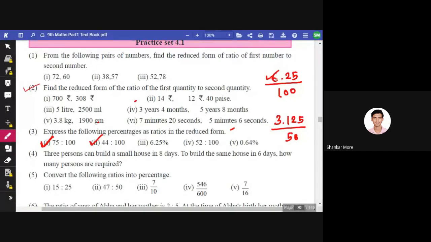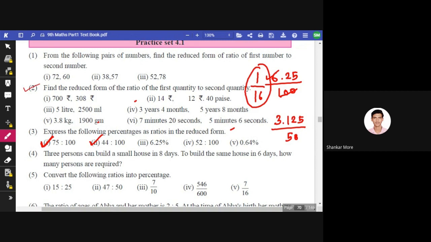Yeah. So why did I ask you to divide by 6.25? Because we can divide this by 6.25 as well. 6.25 divided by 6.25 is 1 and 100 divided by 6.25 is 16. So 1 by 16 would be the answer. Okay, so this is the way we can solve.